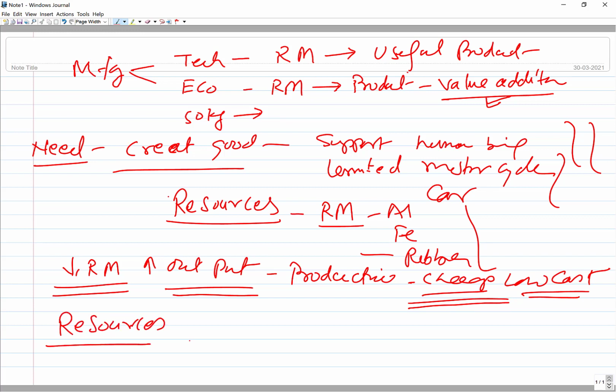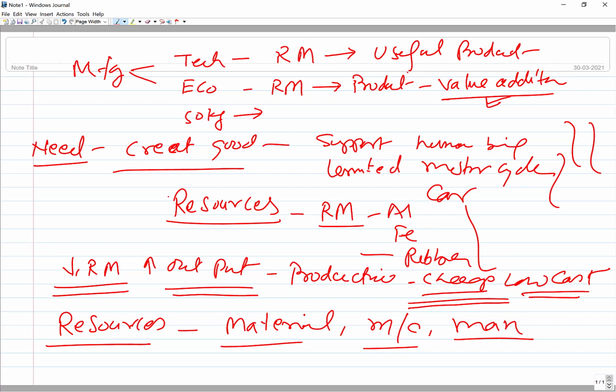So basically, we need to use the resources. These resources are in the form of material, machine, and man: men, machines, and materials. Now these may be in different forms. You are using minerals, crude oil, water, sunlight, fishing.